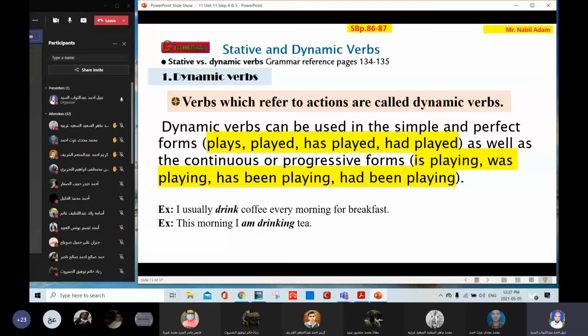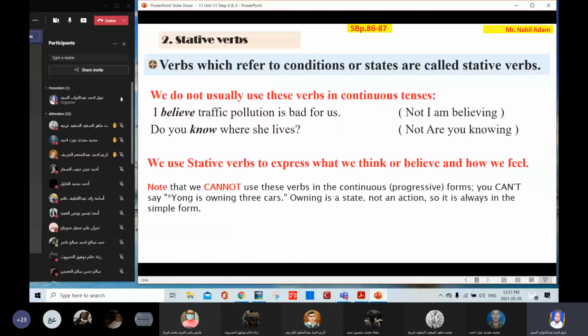Okay, the other kind is stative verbs. أفعال تدل على الحالة. Verbs which refer to conditions or states are called stative verbs. هي أفعال تدل على الحالة أو الحالات. Verbs of thoughts like think, believe, predict, expect, anticipate.